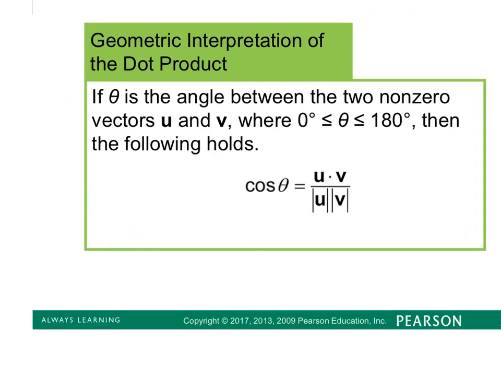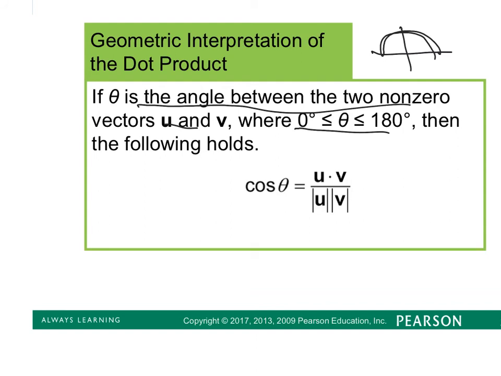Geometric interpretation of the dot product. The whole reason that you learned a dot product is to find the angle between two vectors. Now, obviously, we're talking about two vectors with an angle between 0 and 180, because cosine deals with these two primary quadrants.